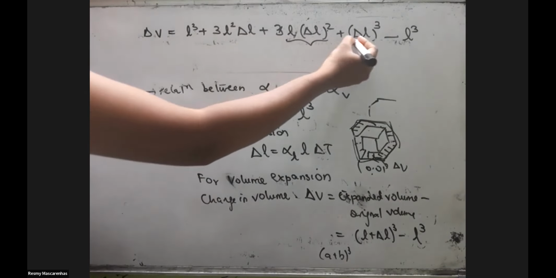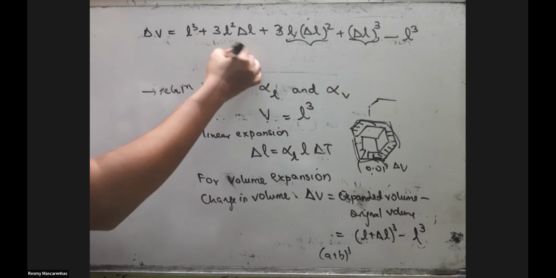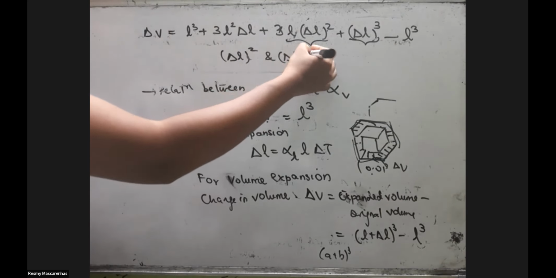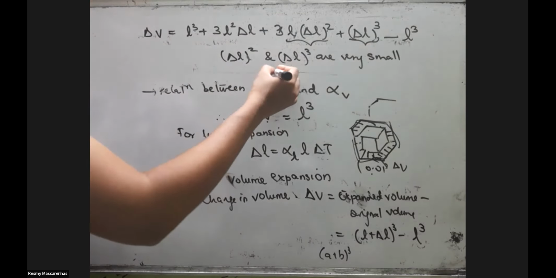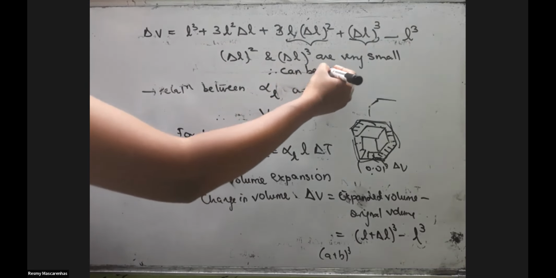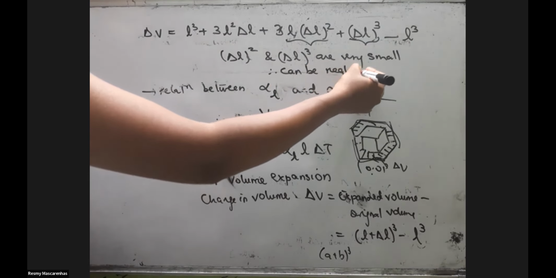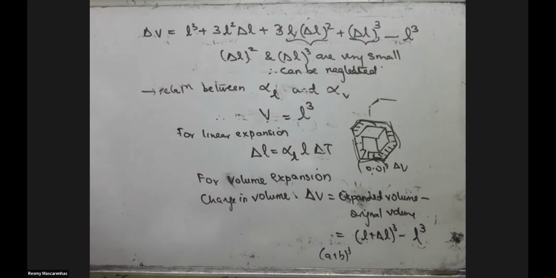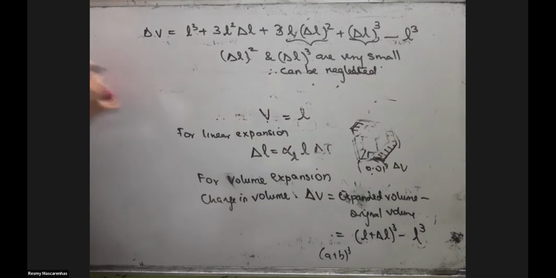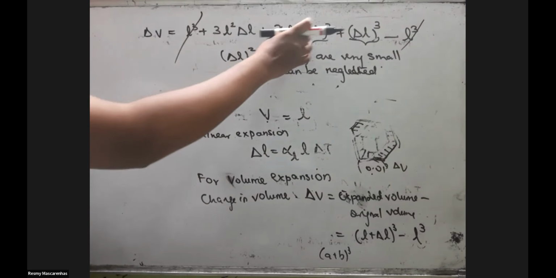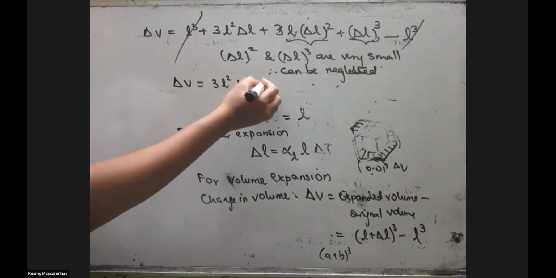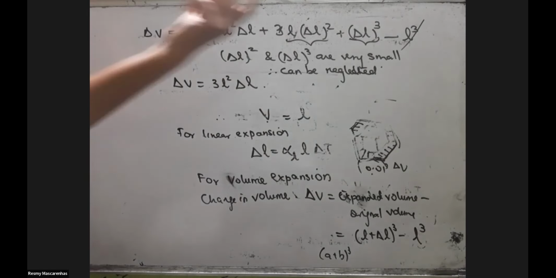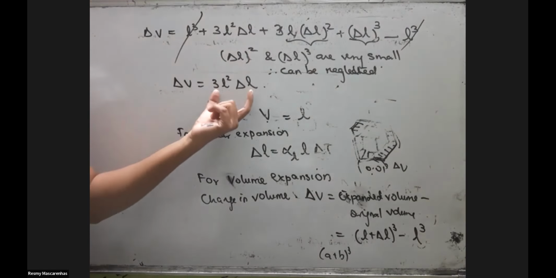So delta L square and delta L cube are very very small and therefore can be neglected. The L cubes cancel, and what is left is 3L square delta L.